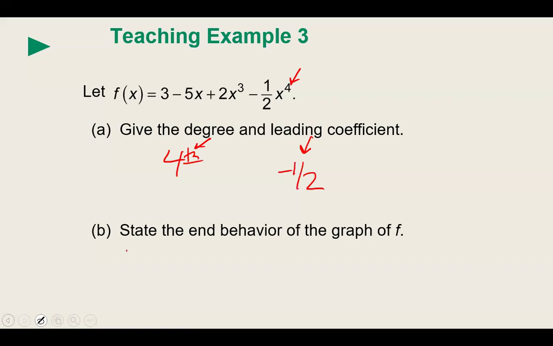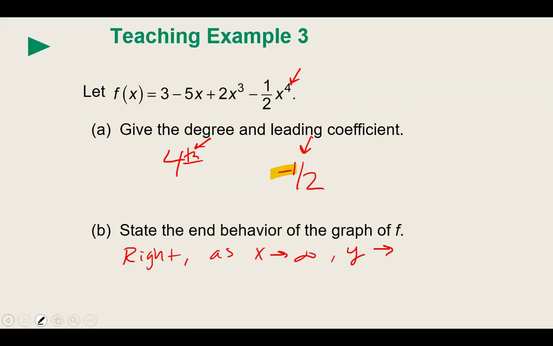Yes. So you always start with the right. When you're starting with the right, what you're saying is as x goes to positive infinity, y is doing what in this case? What's your leading coefficient?